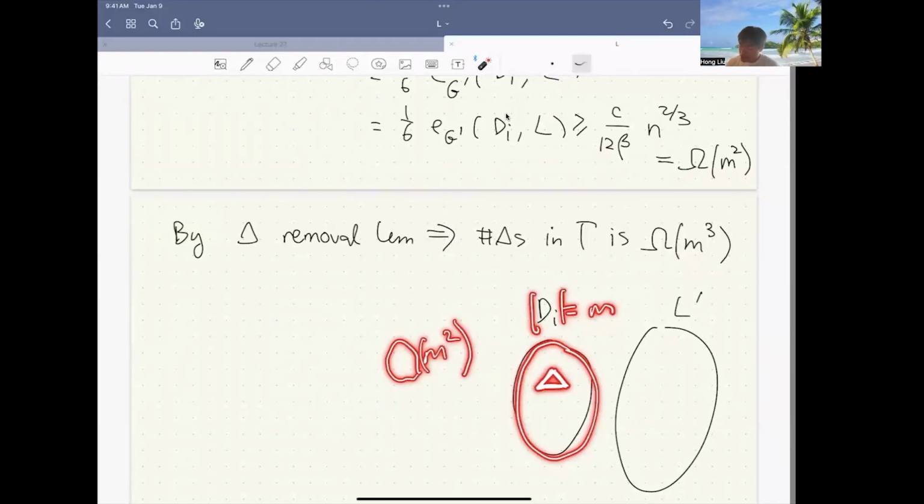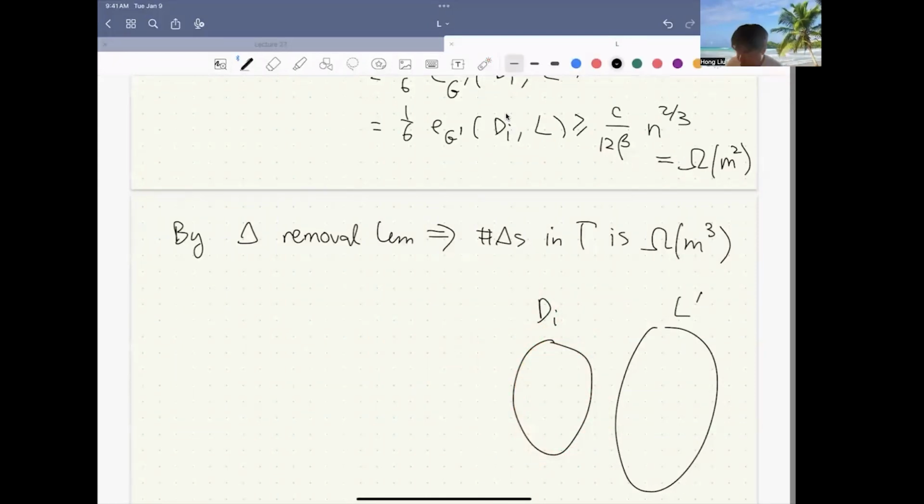Simply because, if you are edge disjoint, I think we did this before. The best you can do is a Steiner triple system. Edge disjoint, so you can only have triangles like these. You cannot have triangles like these. Okay, right. We did this before.